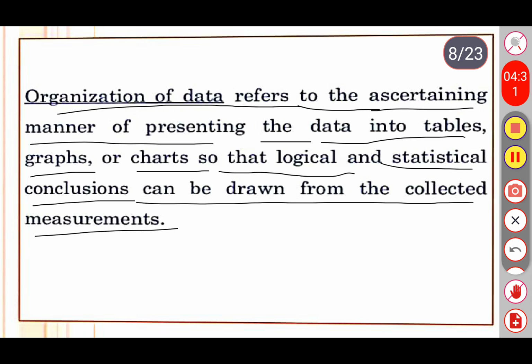When we collect the data, we need to arrange the data systematically. Once we arrange the data in systematic order, we represent the same data with the help of graphs and charts, and we interpret the data and reach the final conclusion of the data.